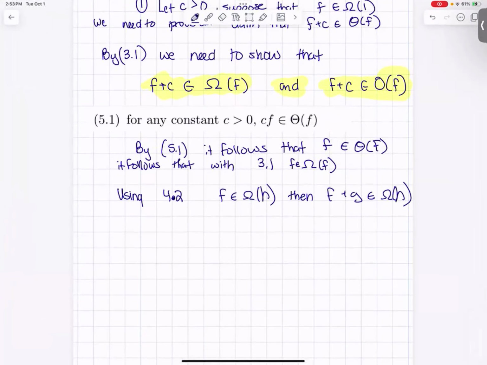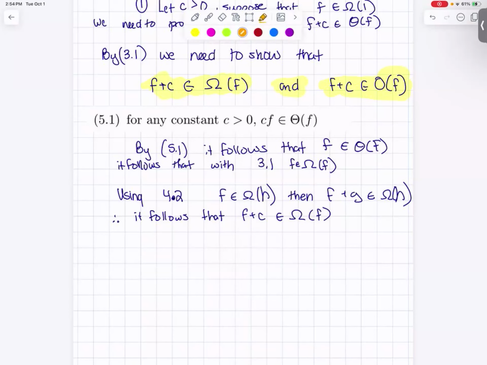We can add anything we want onto that function, and we're not going to mess up the lower bound for our function. That lower bound does not move. So therefore, it follows that f plus c will be in theta of f.